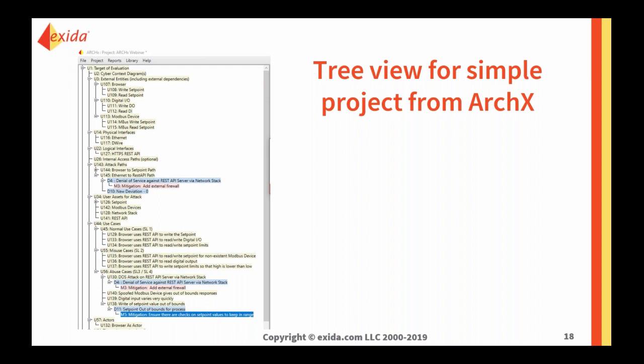Depending on what kind of expert knowledge we have loaded into ARCHx, we'll get different arrangements of these nodes with different information associated with each node. That can help you to go through the process, especially if you're new to the process.